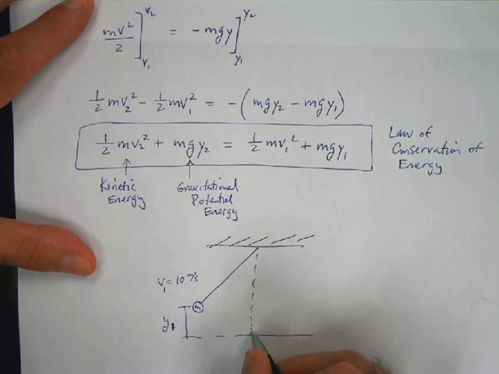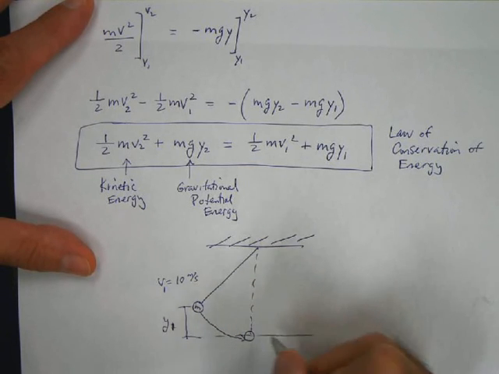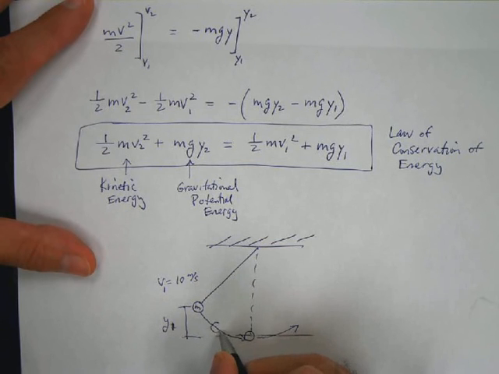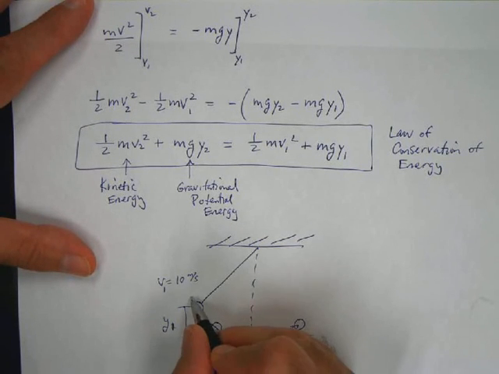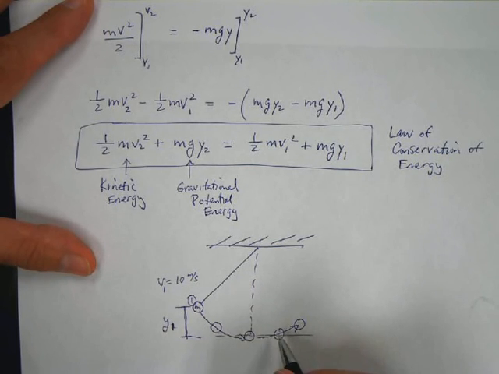We could plug that into this equation up here and predict what the velocity would be once the ball swings down to any point. We could find the velocity here, here, here, here, or wherever. So if we wanted to call this position 1, this would be y1 here and the velocity v1.